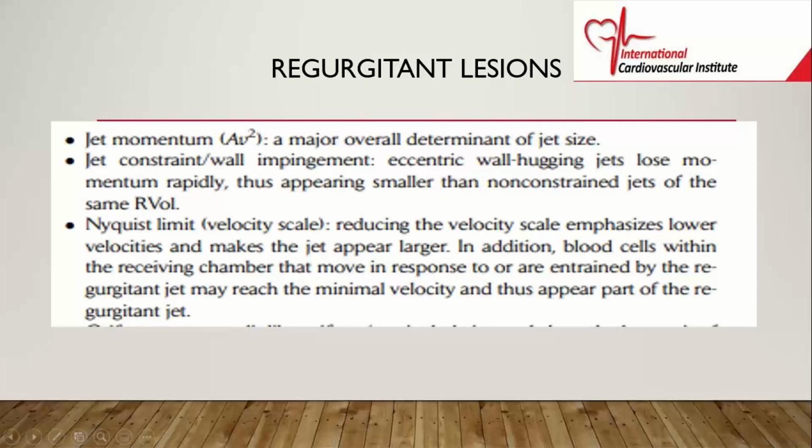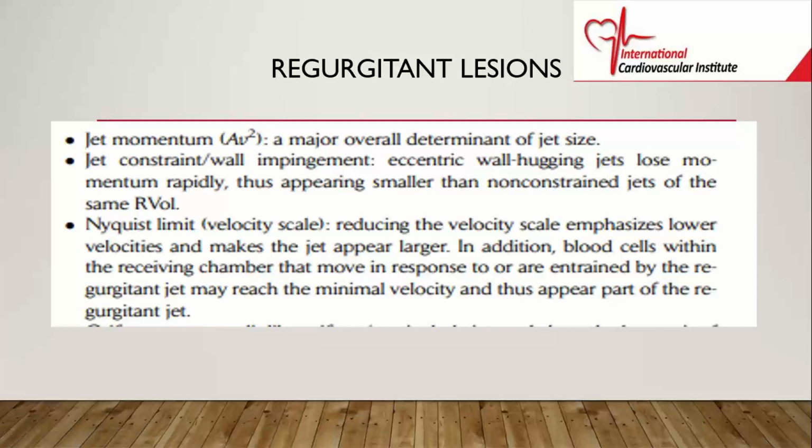Another important principle is when we have an eccentric jet, a wall-hugging jet. It appears relatively small, but if we look at the regurgitant volume, it will have the same regurgitant volume as a central jet that looks much larger.